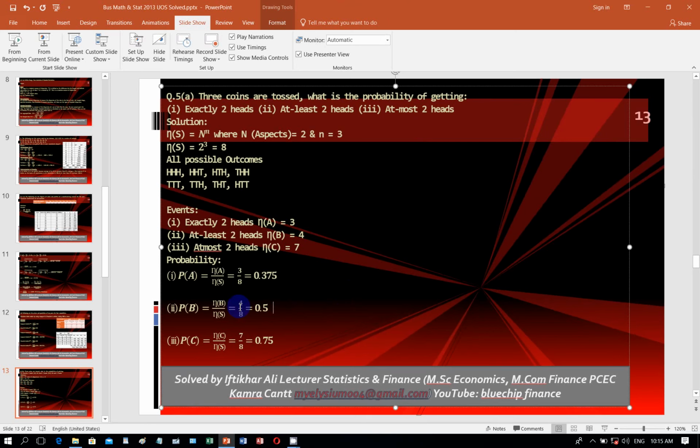The second one, event B, is 4 divided by 8, which is 0.5, and the third one is 7 by 8, which equals 0.875. So that will be the correct answer.